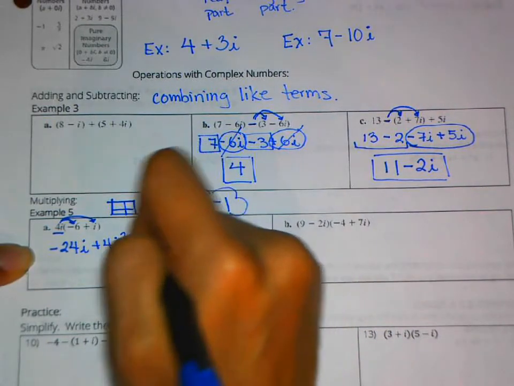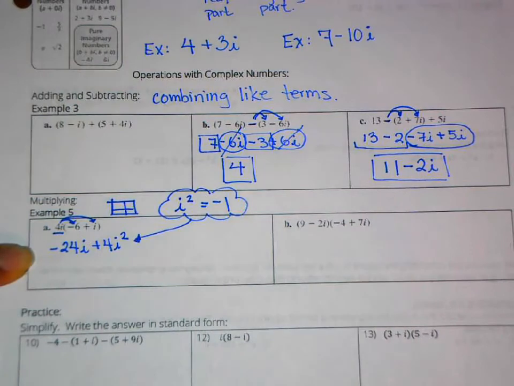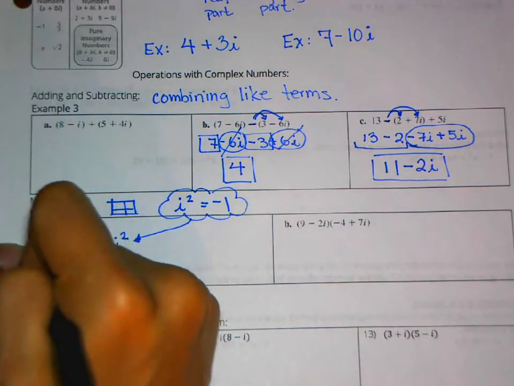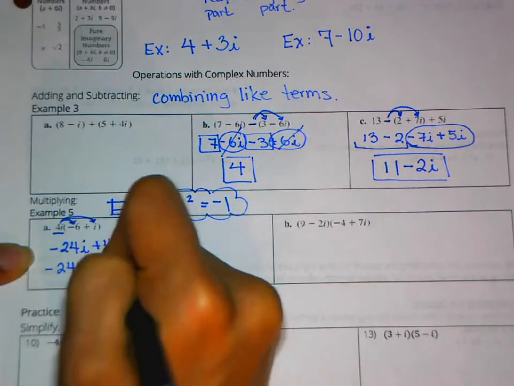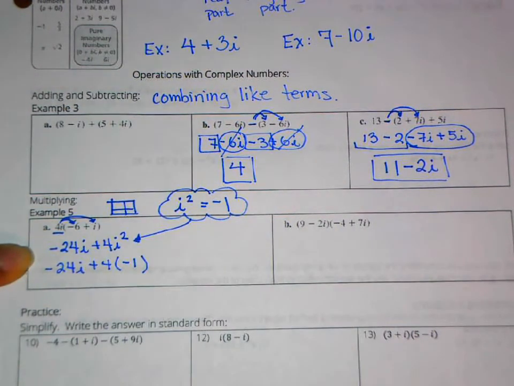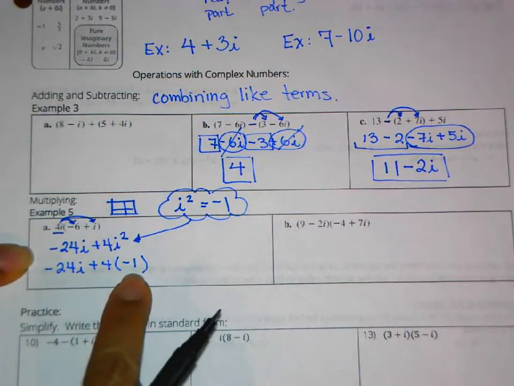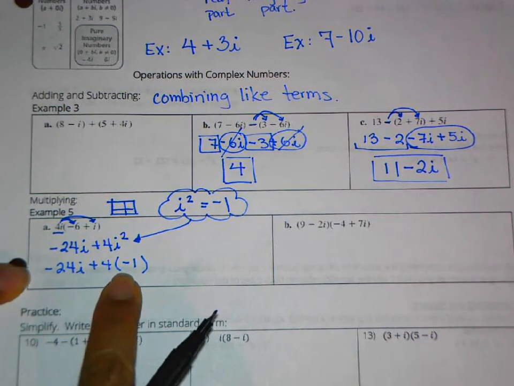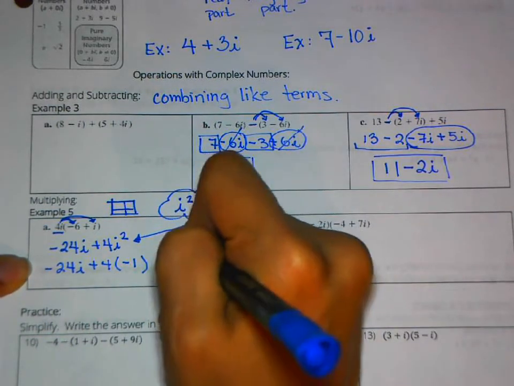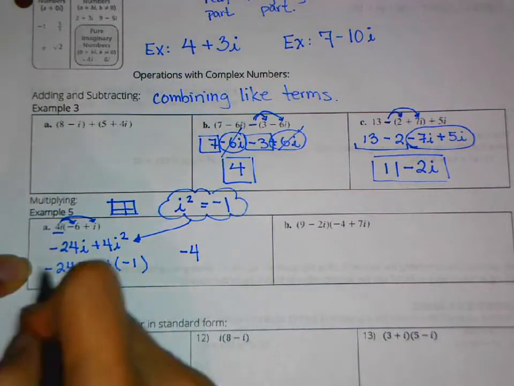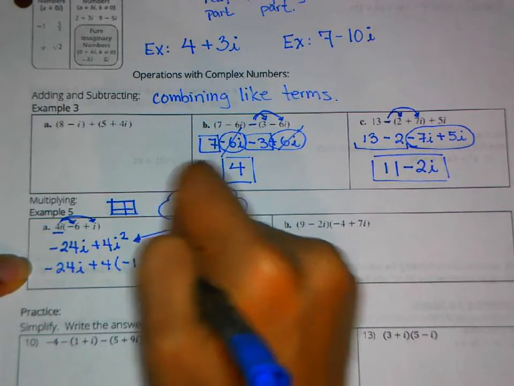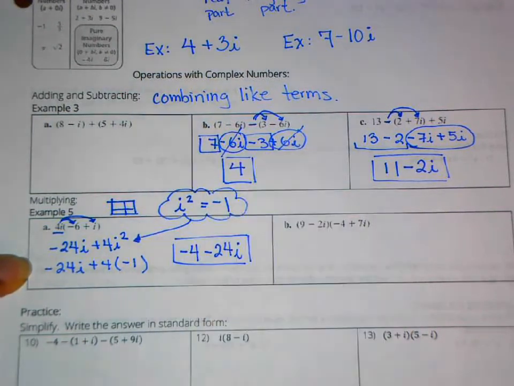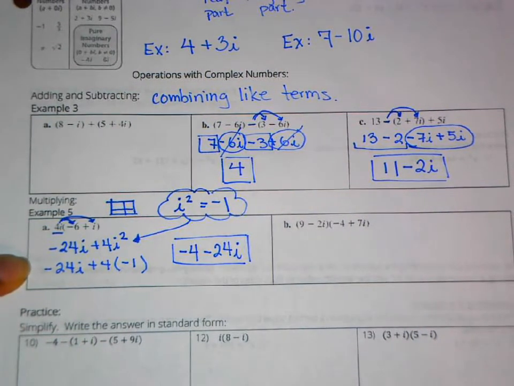I'm now going to replace i squared. So I get negative 24i plus 4 times negative 1. And 4 times negative 1 is negative 4. Because I want my answer in standard form, I know that negative 4 comes first, and then minus 24i comes second. That is my final answer when I multiply.